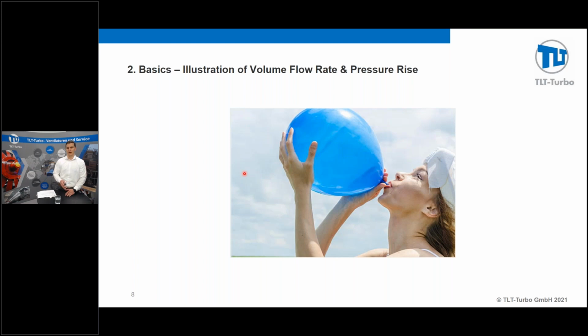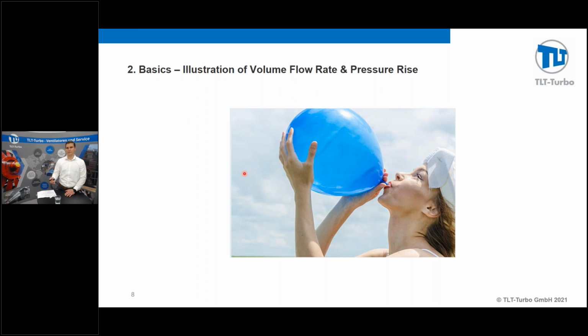So after you inflated a balloon, this balloon has a volume. I think that's quite obvious, and you can do this within a short period of time, or it can take longer. So if you then divide this volume by the time you needed in order to inflate the balloon, that is basically the volume flow rate you provided in order to inflate this balloon.